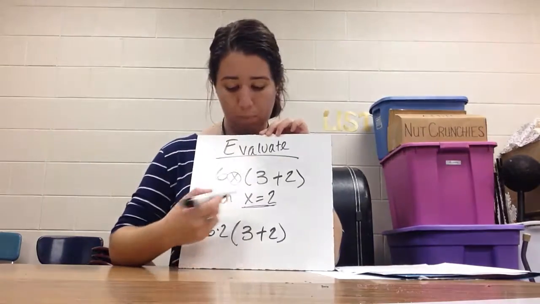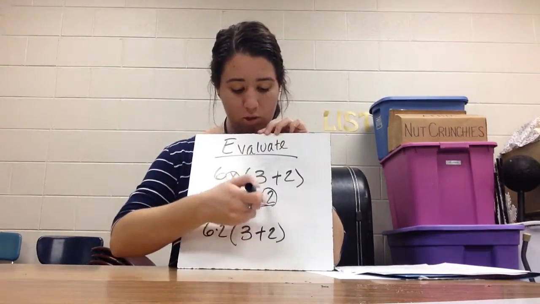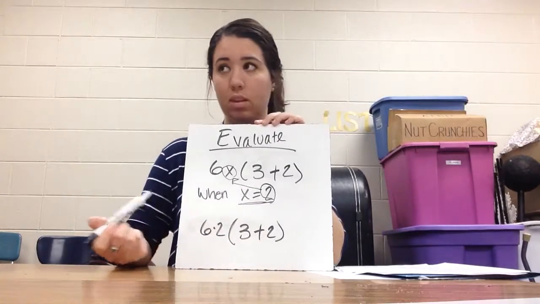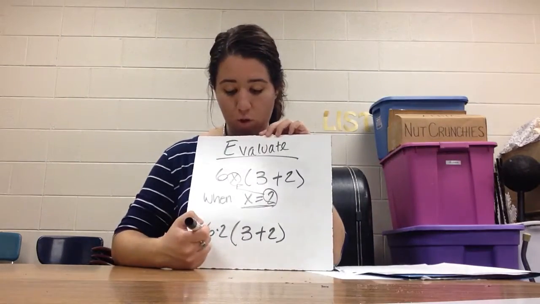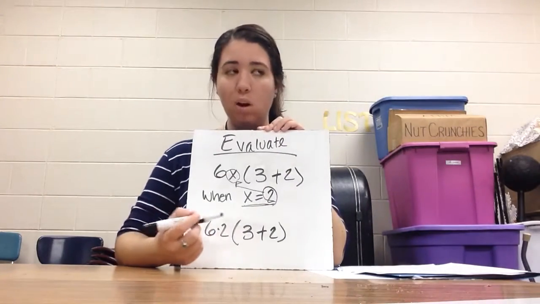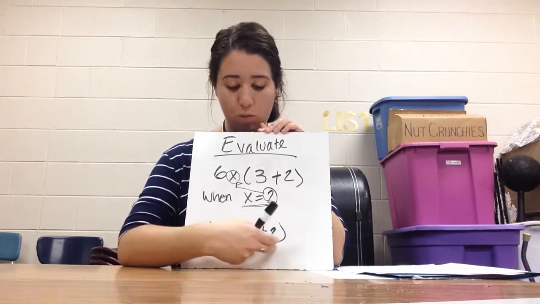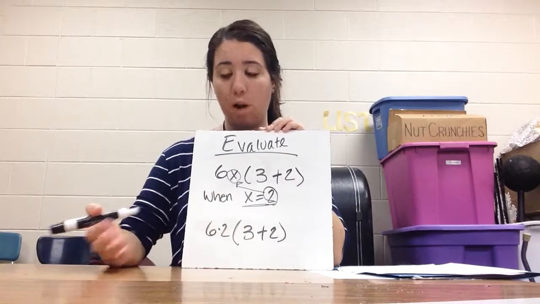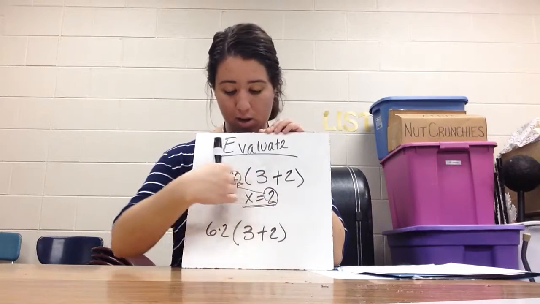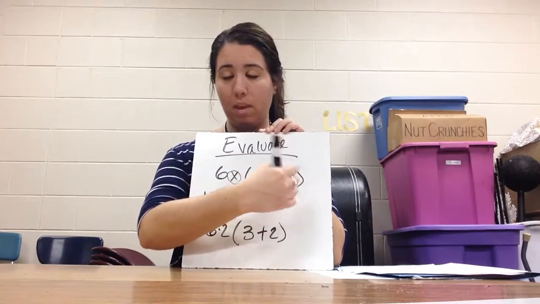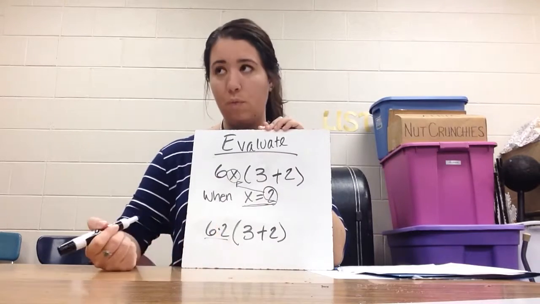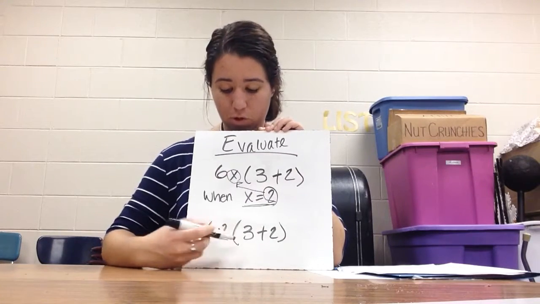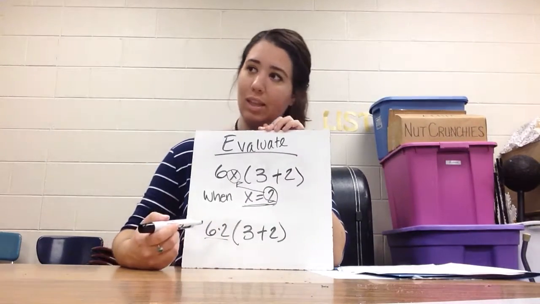And we do this because now we're showing that this 2 is in our problem. Does that make sense to you? So normally order of operations would tell you to do what's in the parentheses first. However, because this is a distributive property problem, because we can see from up here that normally we would have to distribute, we are going to do what's outside first. So 6 times 2, 12.